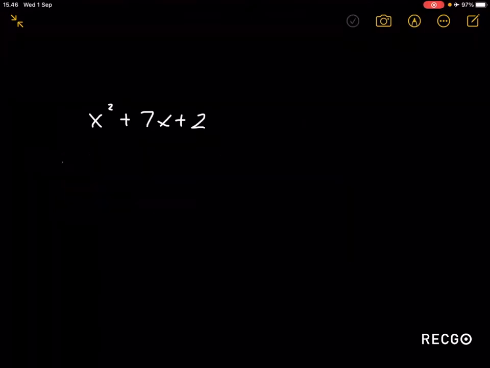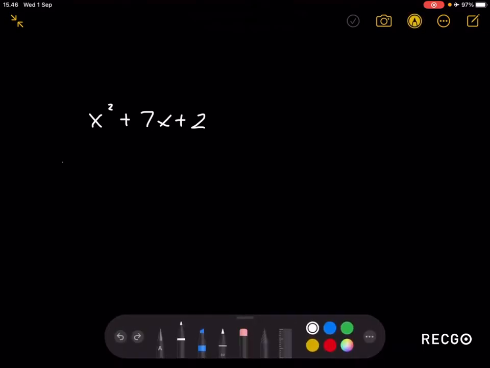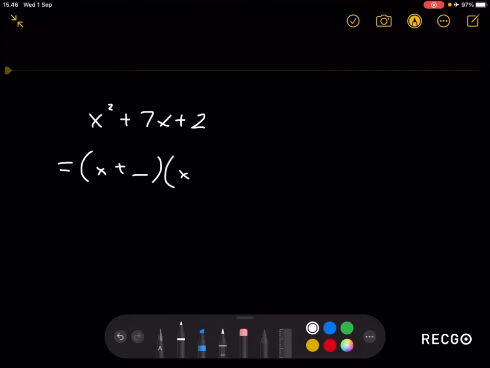Sometimes these linear factors are not nice, and what I mean by that is that the constants are irrational numbers. So here's an example of a quadratic expression that has irrational factors: x squared plus 7x plus 2. We can suppose that this is expressible as a product of two linear factors, x plus blank times x plus blank.